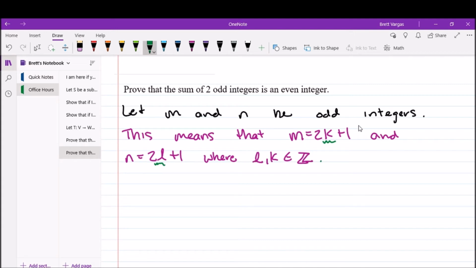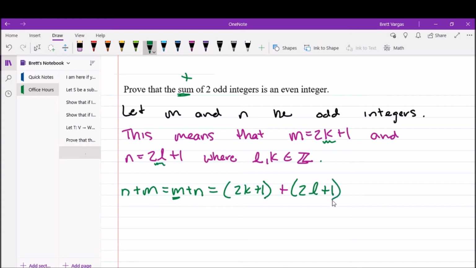So now it says sum, and sum just means plus. So let's add n and m. It doesn't matter what order I add them in because addition is commutative. So n plus m is equal to m plus n, and that's equal to, well, what does m equal? m equals 2k plus 1, and n is 2l plus 1.